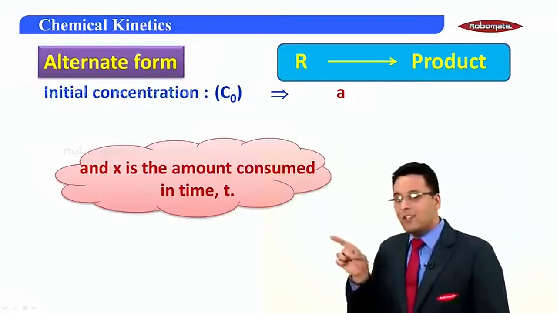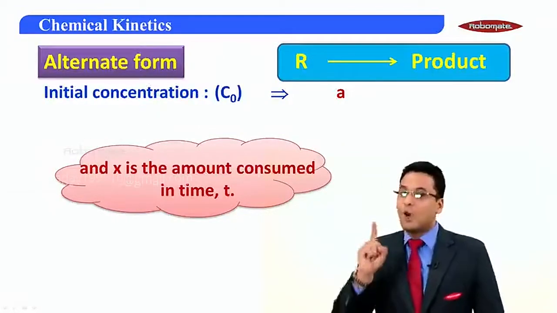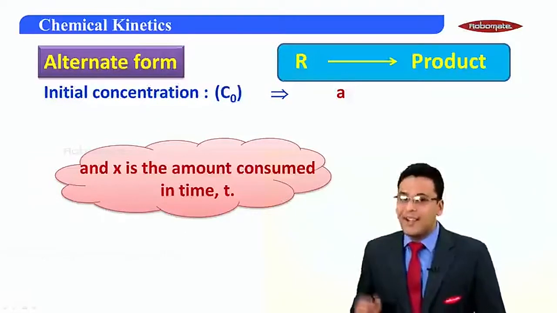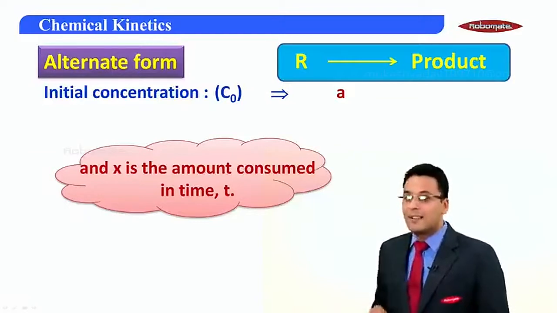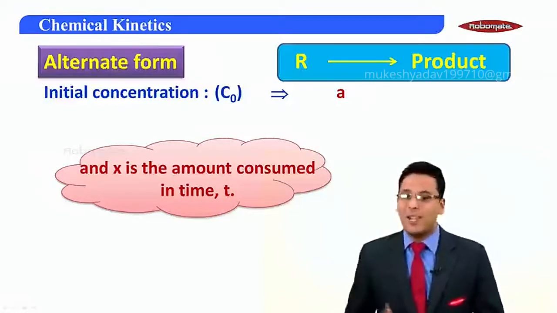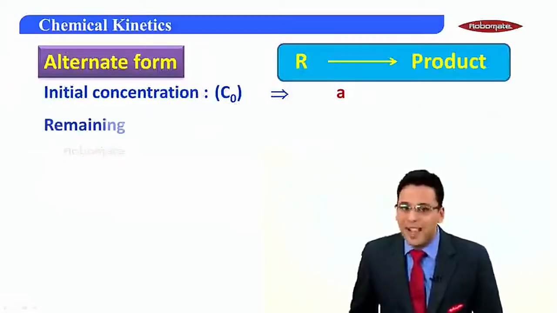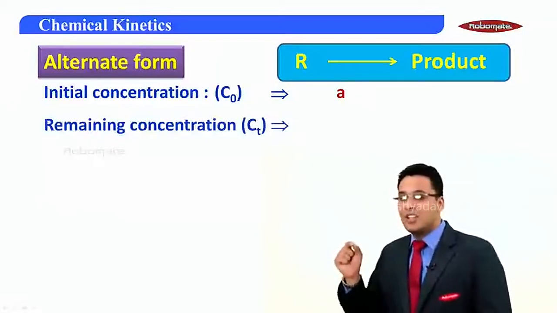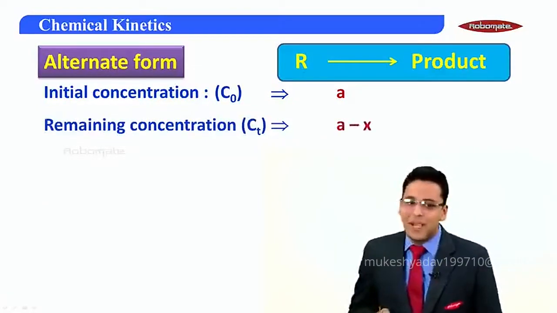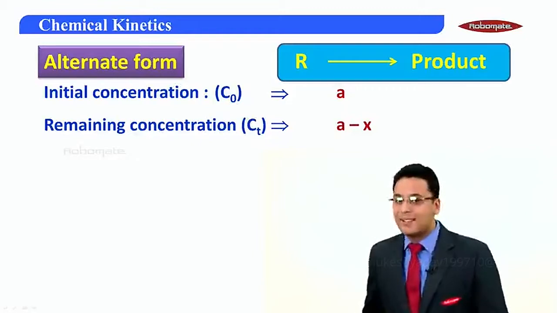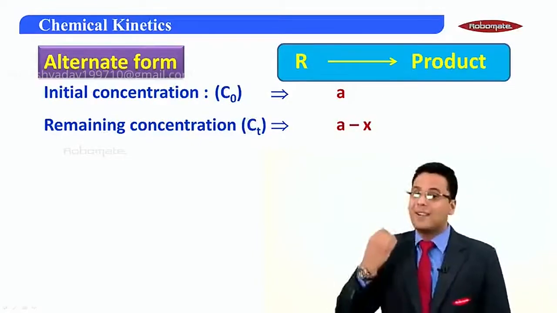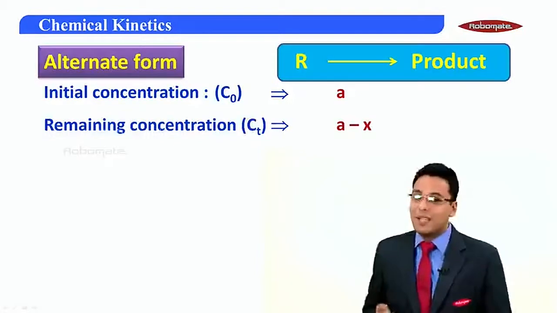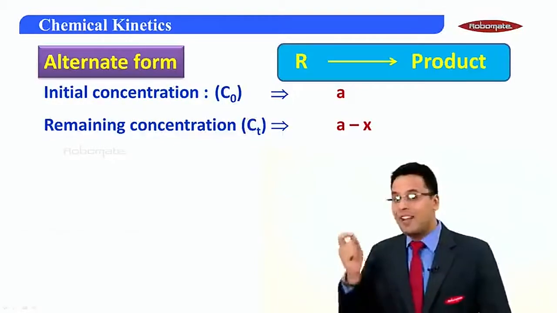That means when t was 0, the concentration was a, and at time t, x has reacted, it has gone away, which means that the remaining concentration, that is Ct, will be a minus x. The initial concentration minus the concentration which has reacted will give me the leftover concentration, the remaining concentration at time t.